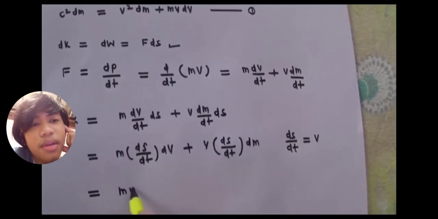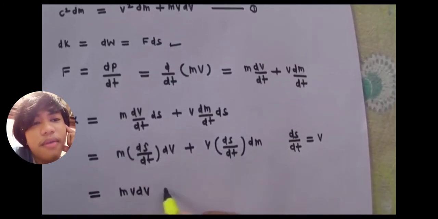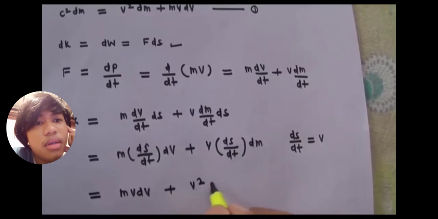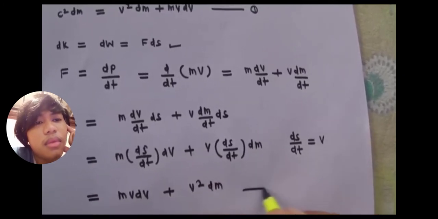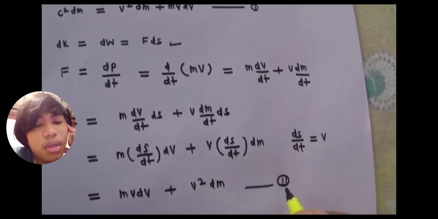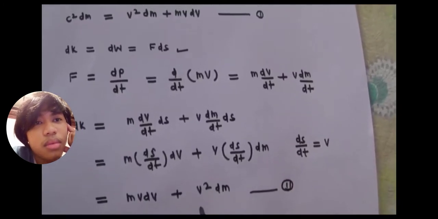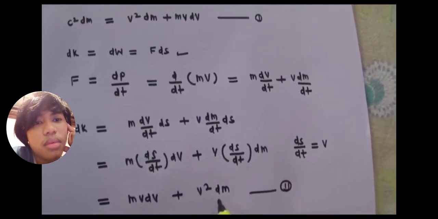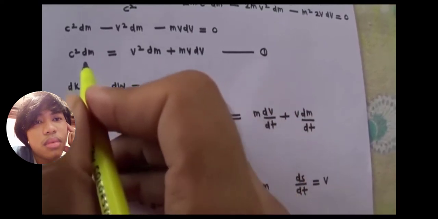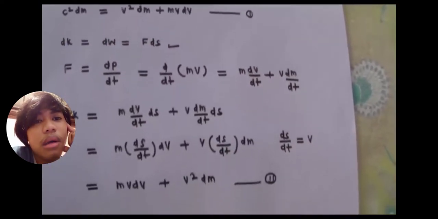So dK equals mv dv plus v square dm. This is equation 2.